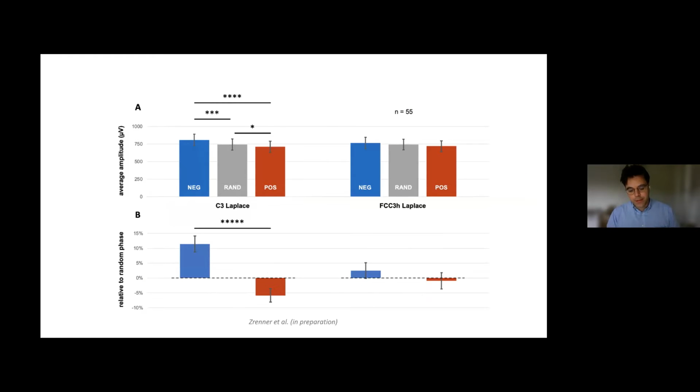And here is just a data set now looking at 55 participants, where we compared a montage around the electrode C3 versus the neighboring electrode, and you can see that it makes a big difference. It looks like C3 works on average quite well, and the neighboring electrode FCC3H in the high density EEG cap does not.